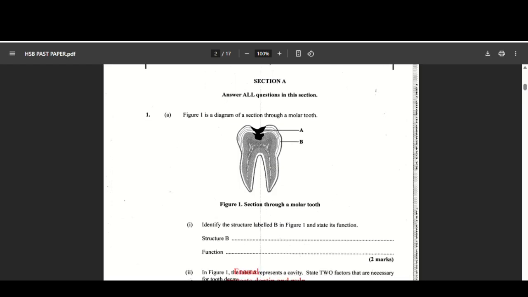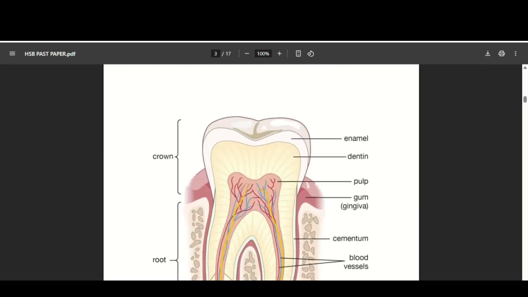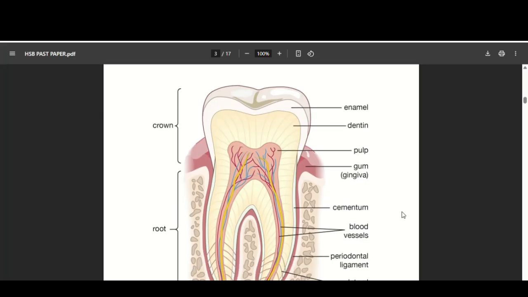Section A of the paper is showing a molar tooth. As I said before, it's very important to read the instructions. The labels get shuffled here, but don't mind that. This is the structure of a molar tooth, and it shows you the different parts of the molar tooth labeled.